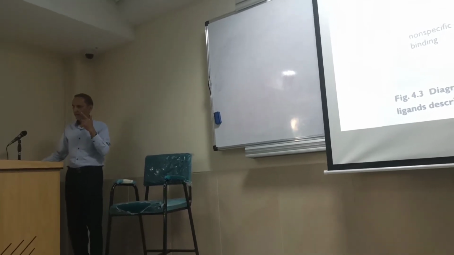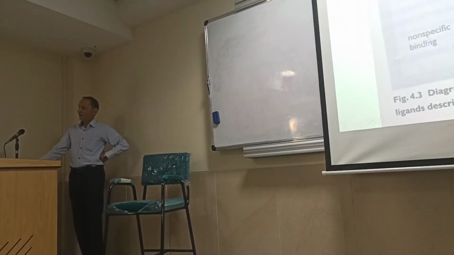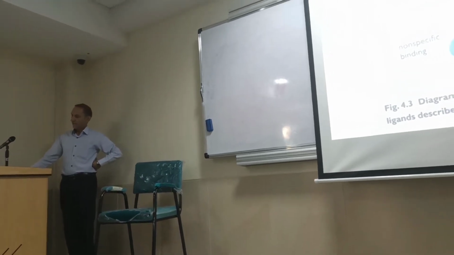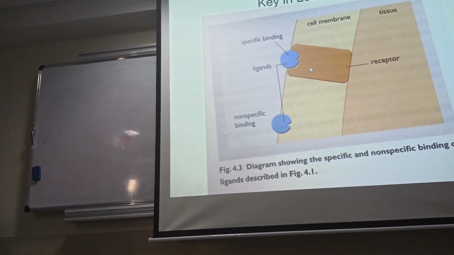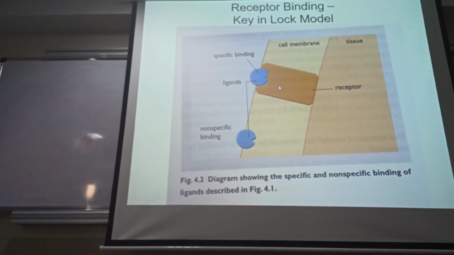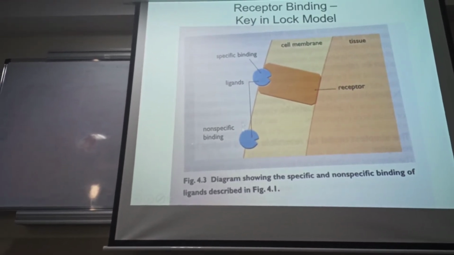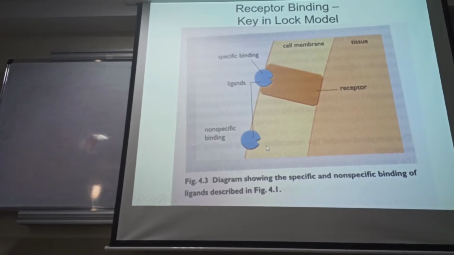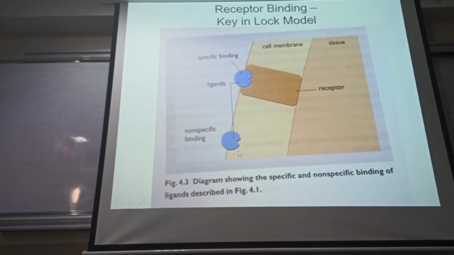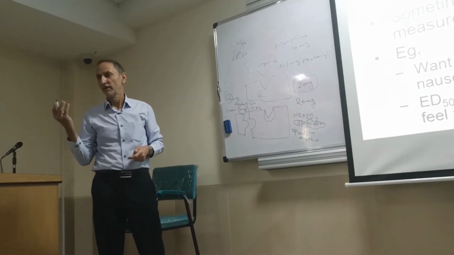Sometimes we have non-specific binding. Here we have a specific binding when the drug or the ligand binds with receptor. It's a specific binding. But sometimes we have non-specific binding. There is no receptor here, but binding has occurred.